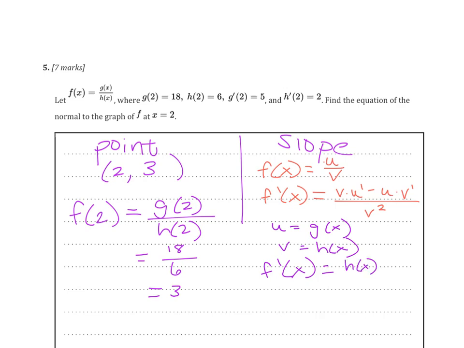U prime would be g prime of x. U is g of x. And v prime would be h prime of x. Oh, and I am running out of room. All divided by v squared, which would be h of x squared.